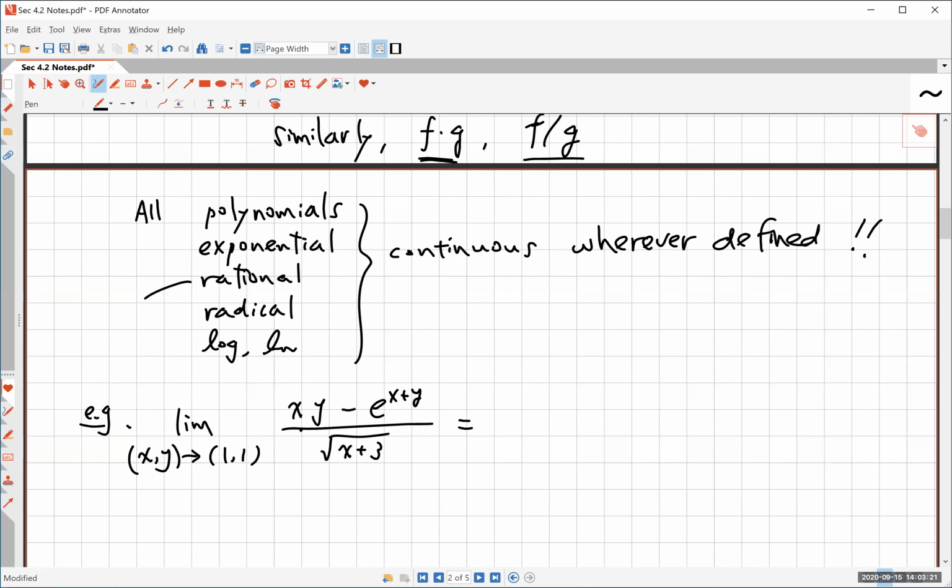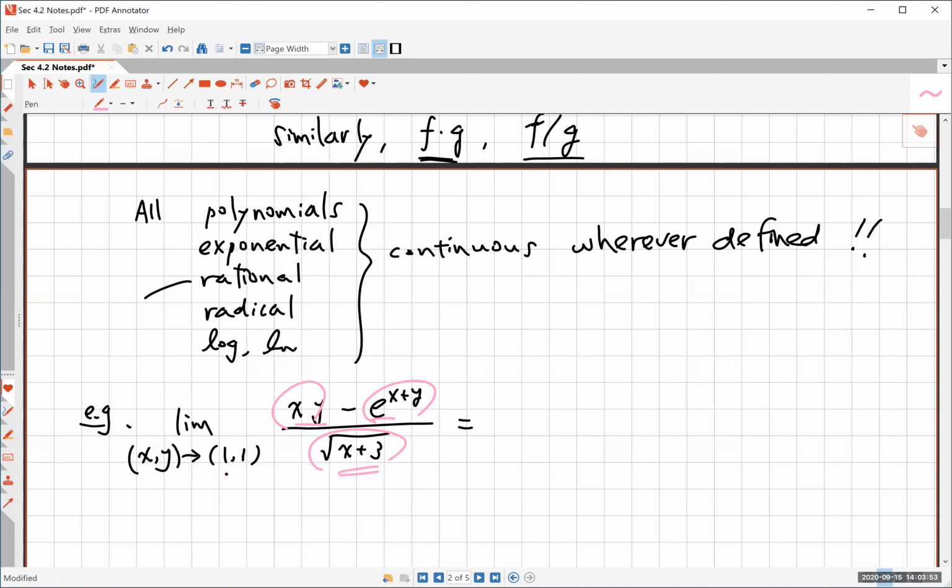Yeah, because xy is a polynomial. This is not a polynomial because you have e to the whatever. That's an exponential function, and this is a radical function, right? And so what we have is a polynomial minus exponential. It's continuous minus continuous, and the difference of 2 continuous functions is continuous, divided by another continuous function wherever the function is defined.